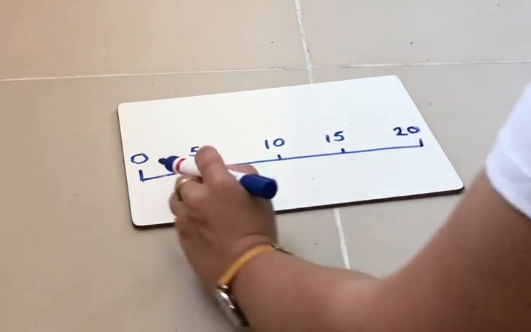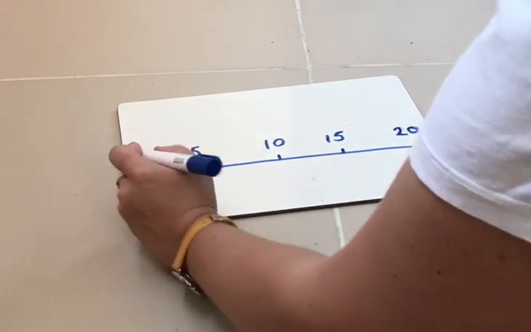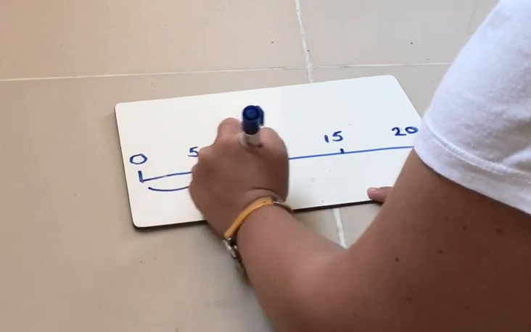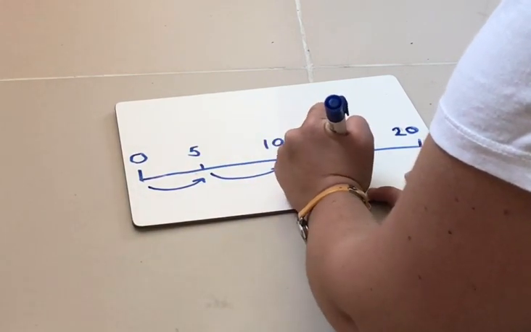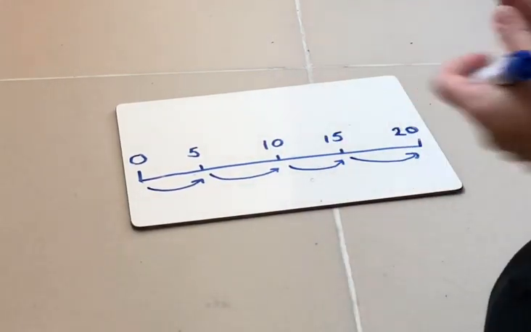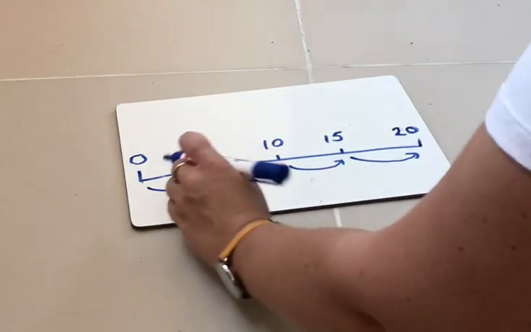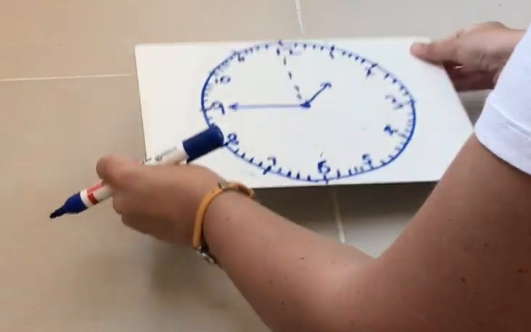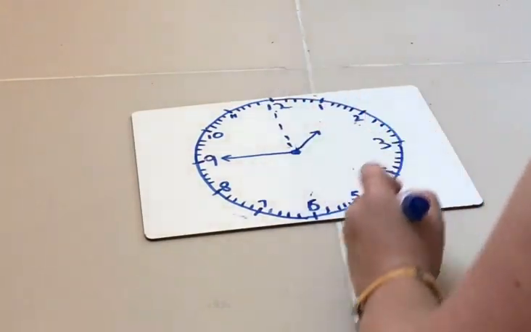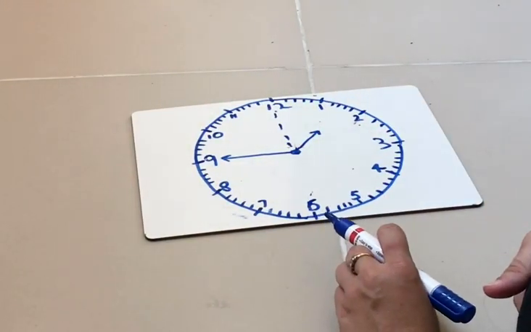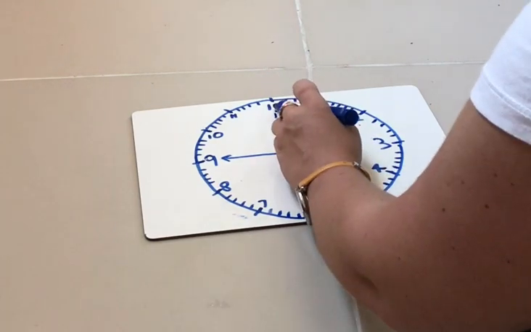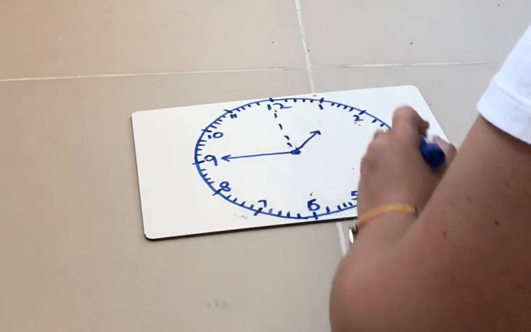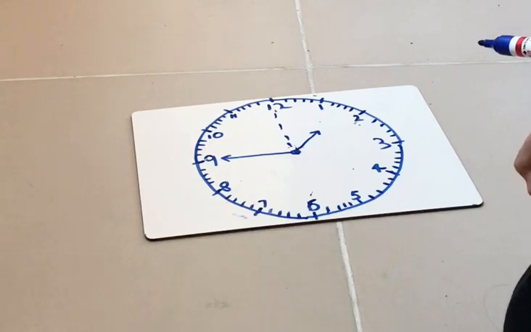So I always start at 0, 0, 5, 10, 15, 20, okay? But instead of being a line, a number line, my clock goes around. And my 0 starts at 12, start of my day, and I go round. Again, I count up in 5s.